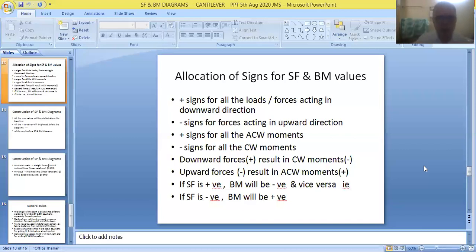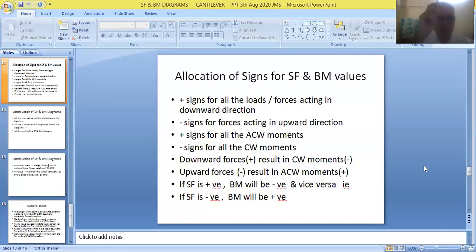Now we have to take a positive symbol for downward forces and anti-clockwise moments, and we have to use negative symbols for upward forces and clockwise moments.